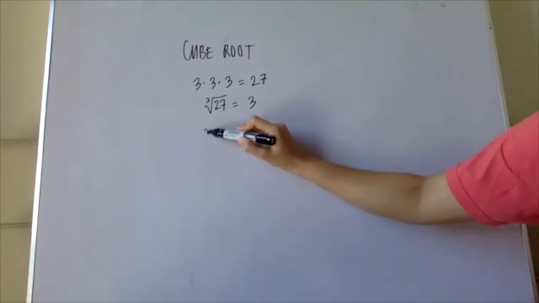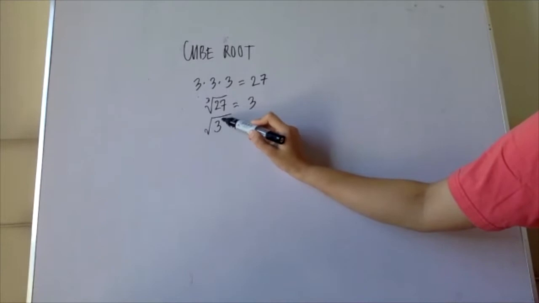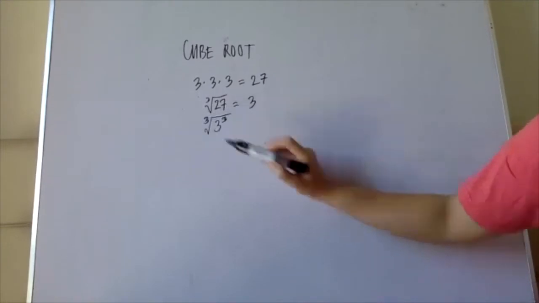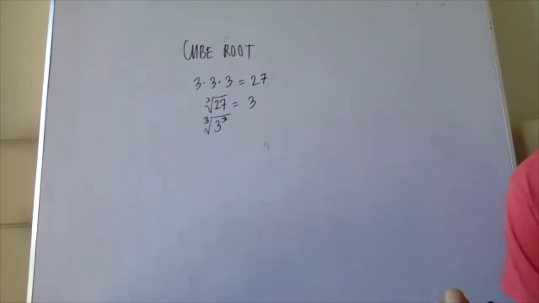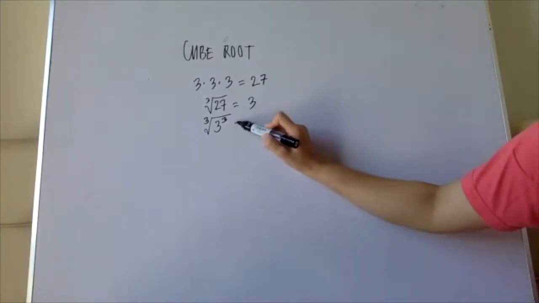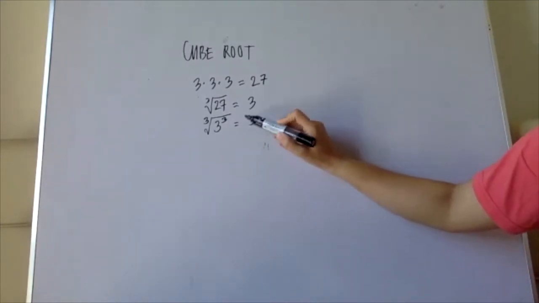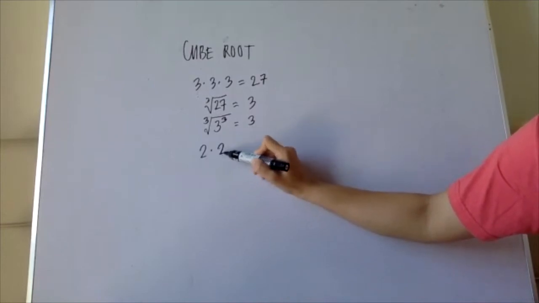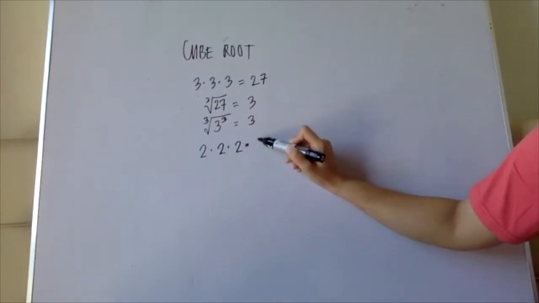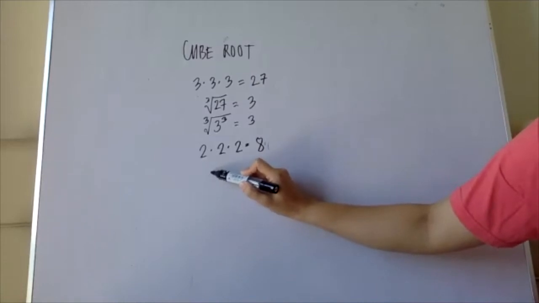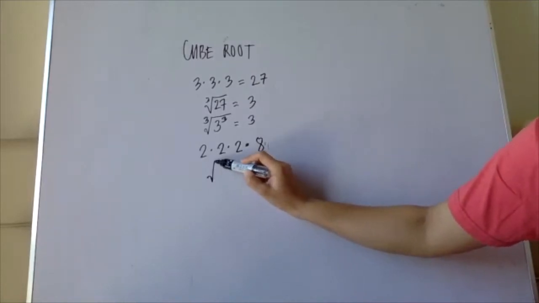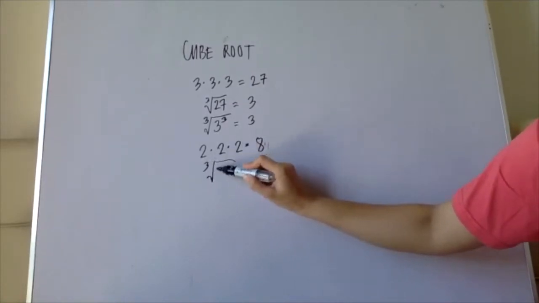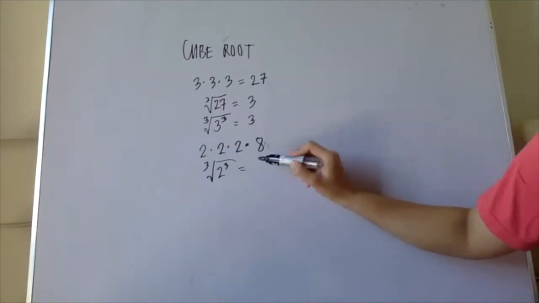O kaya naman, kapag meron tayong 3 raised to 3, take the cube root of that, is equal to 3. O sige, sabihin natin 2. 2 times 2 times 2 is equal to 8. So we know that the cube root of 2 cube is equal to 2.